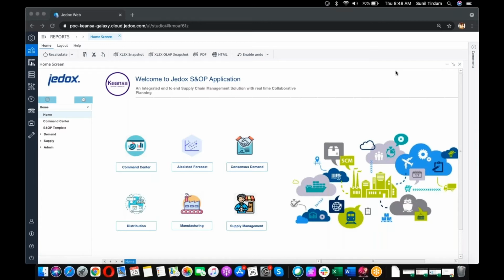So coming to the app that you are seeing now, that is our S&OP application. We follow a process that Erica was describing a little while ago. It's a monthly process. All the functions and departments, for example, sales or the distribution and inventory management, procurement, manufacturing, they all use this application for the S&OP planning, right?